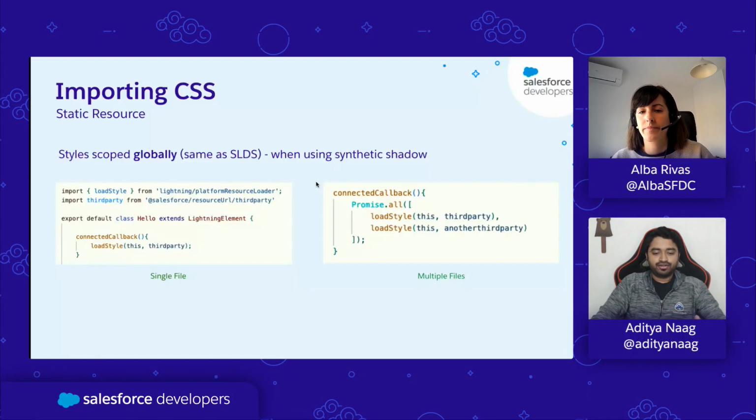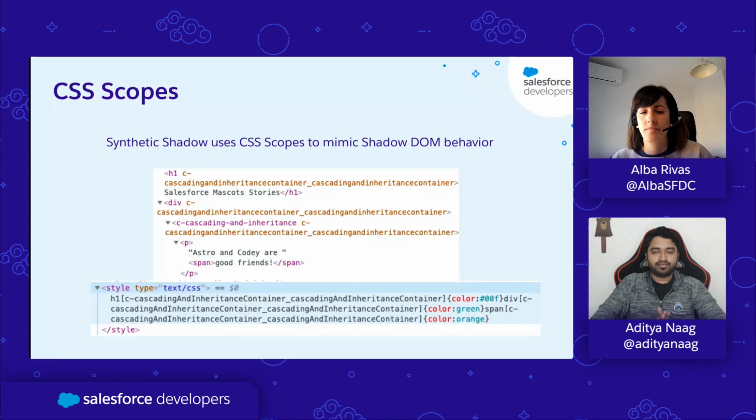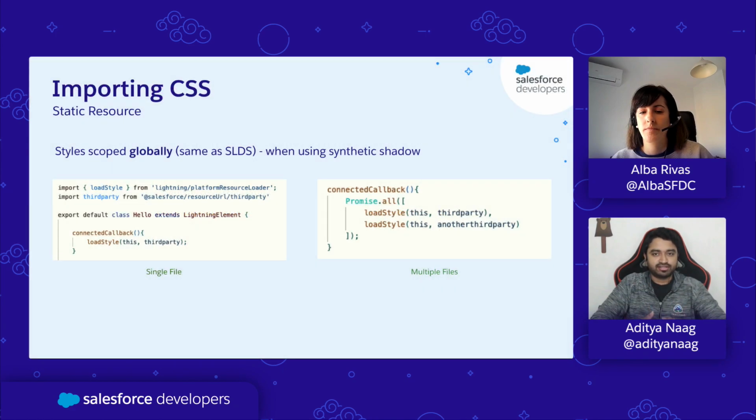Now, Alba, do you want to tell us about importing additional styles? As all of us know, we can import styles from either a static resource or using a shared module. So how is CSS affected with imports like that? Yeah, of course.